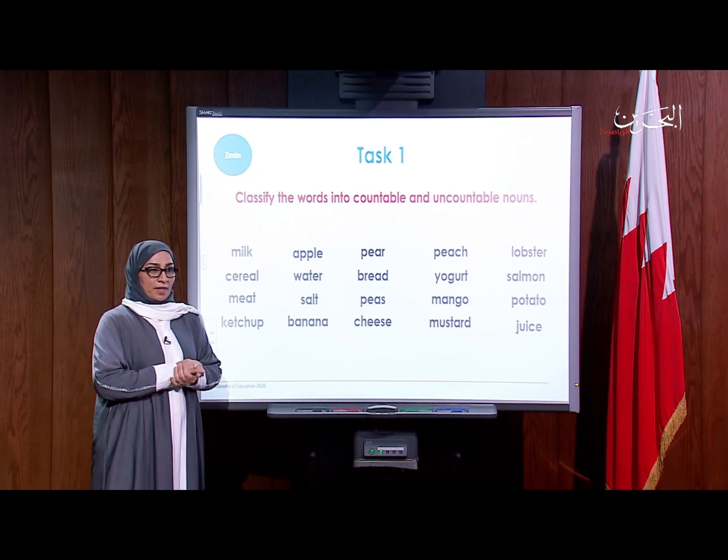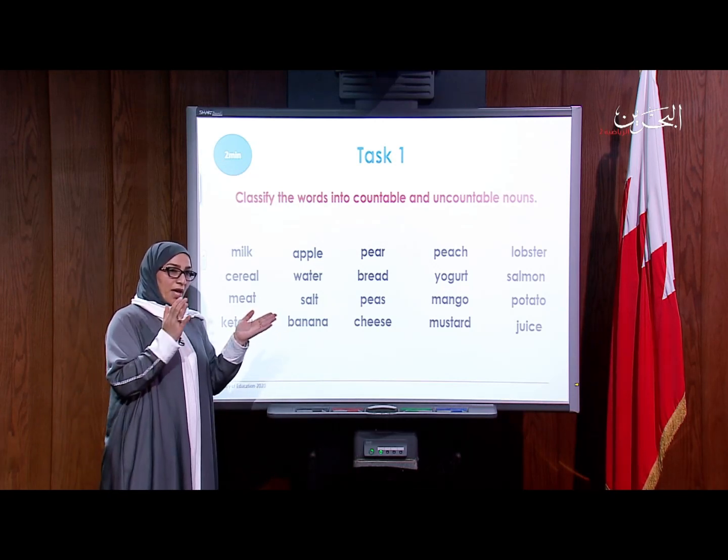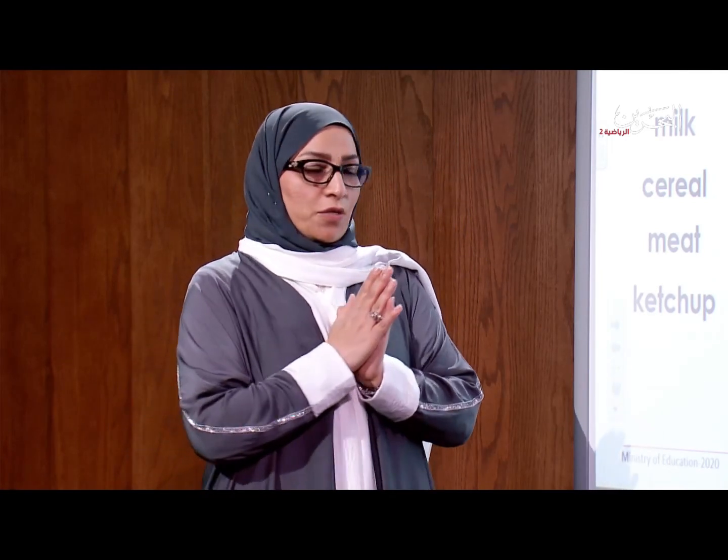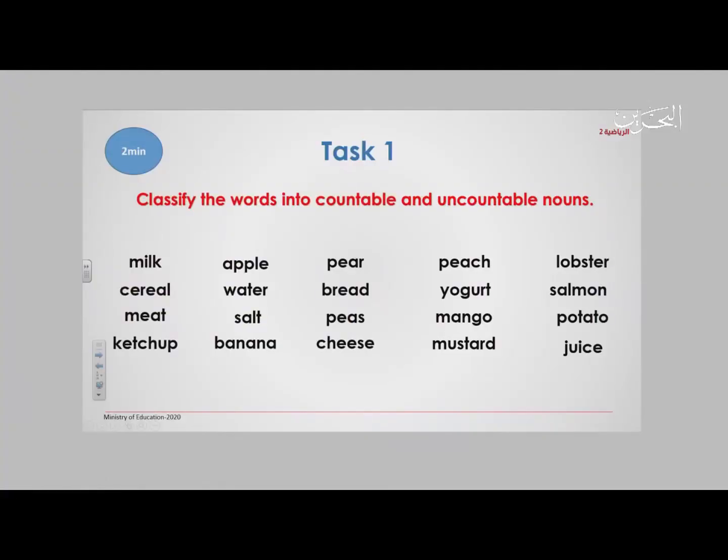Task number 1. As I explained to you, we have 2 groups, countable and uncountable. Countable nouns, the words we can count. Uncountable nouns, the nouns we cannot count. Let's go through the types of food we have here together.